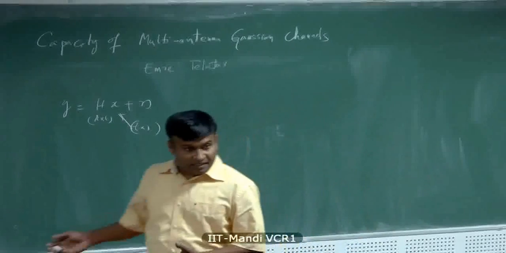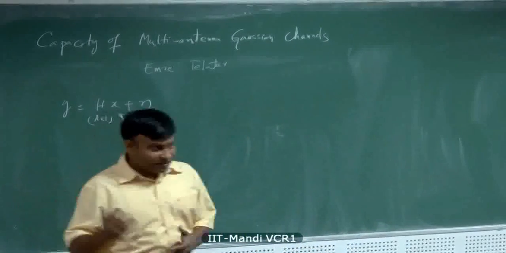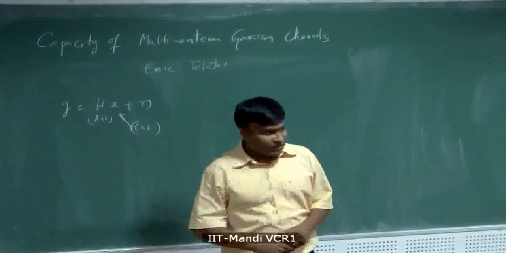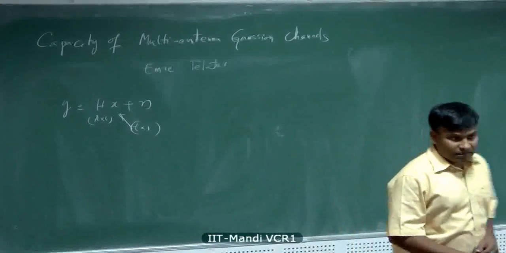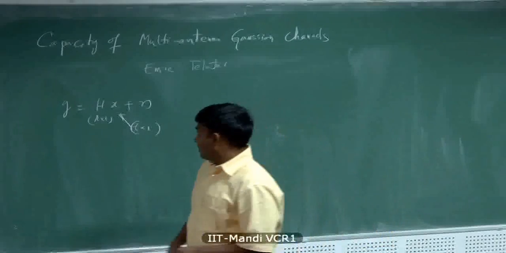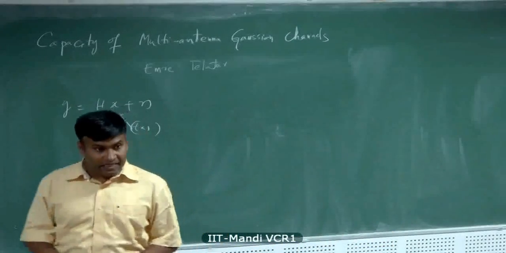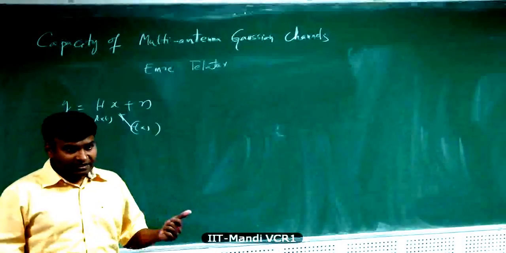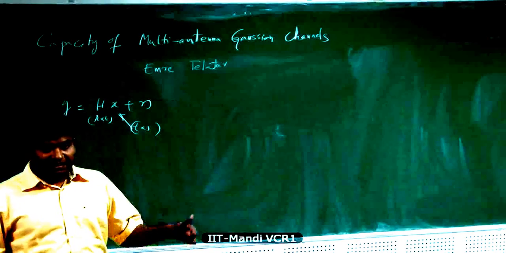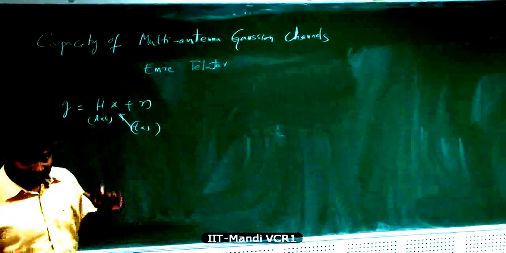We derived the capacity of the channel for this model, Y equal to Hx plus n, and it turned out that to achieve capacity, the transmitter needs to know H exactly, or either H or the eigenvalues of H as well as the eigenvectors of H Hermitian.